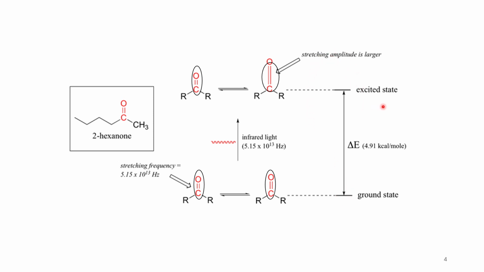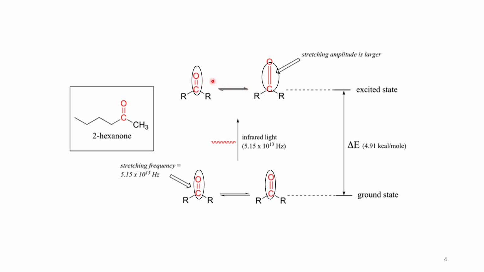We call it the excited state. Upon absorption of this energy from the light source, it will cause the CO bond to extend in bond length during the vibrations, and at the same time, the compression will be greater.